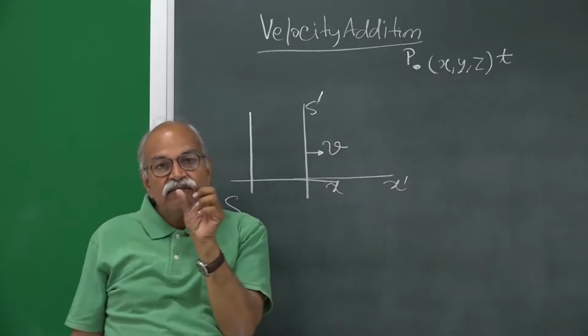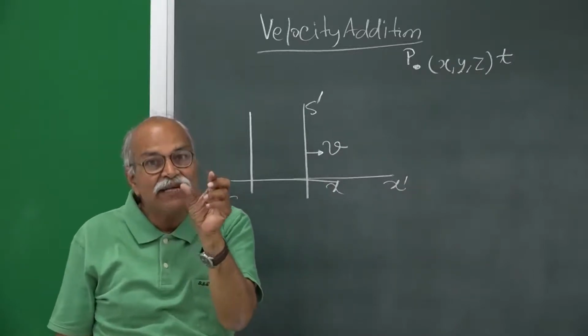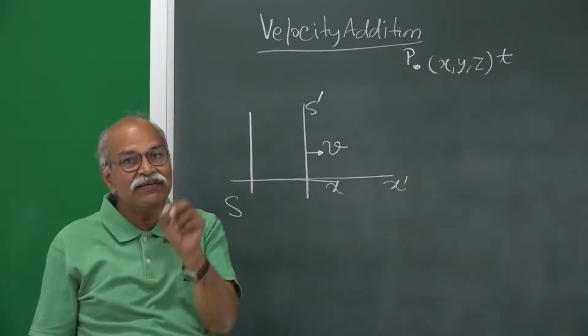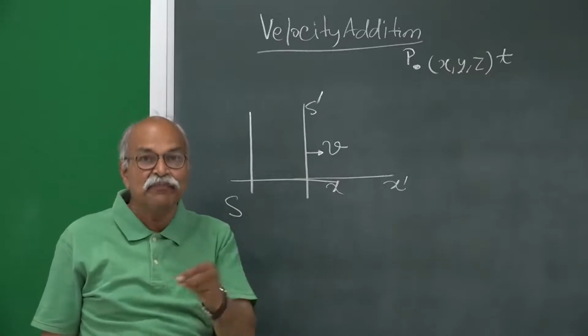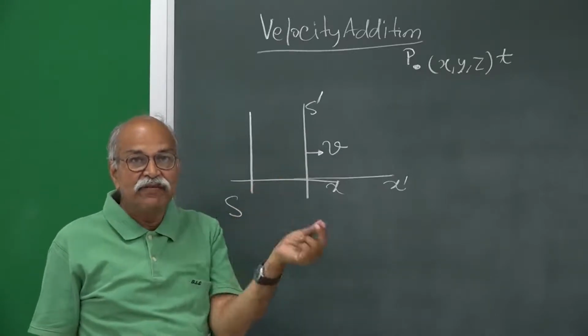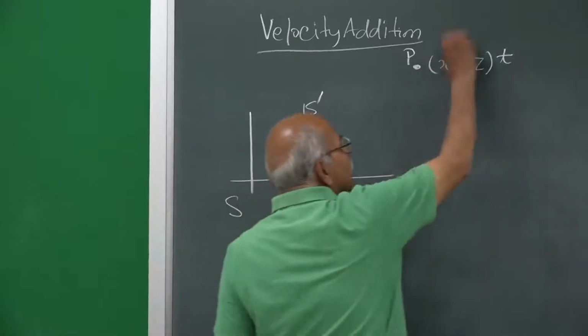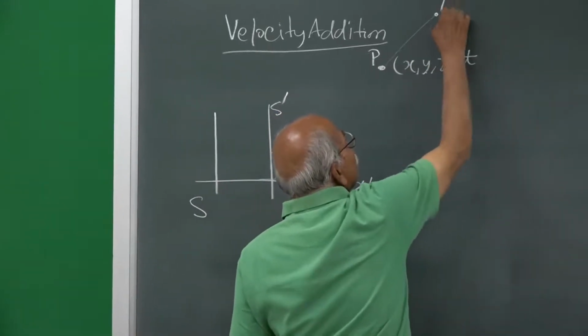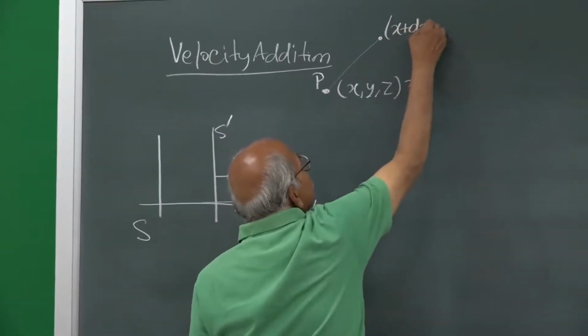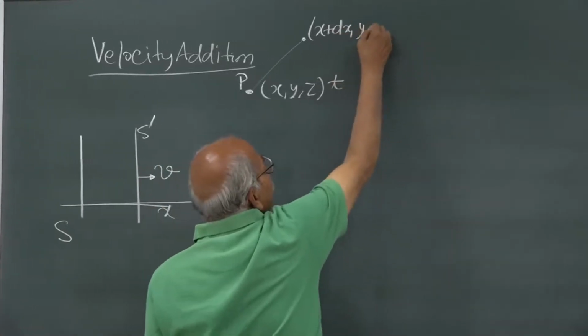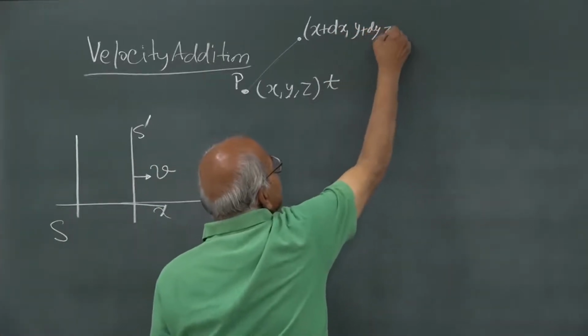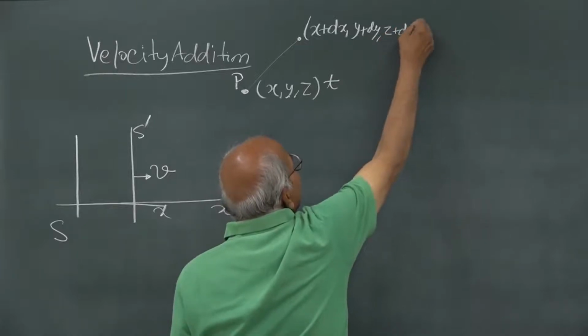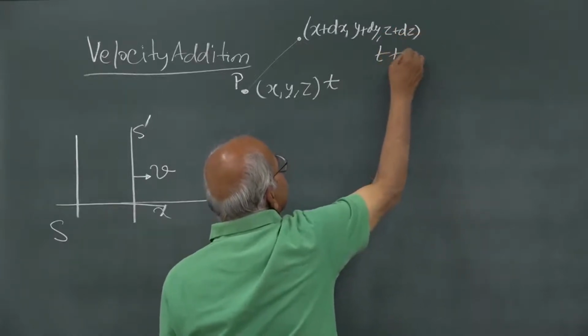And as time t elapses, dt time elapses, t becomes t plus dt, the particle moves, and the coordinates become x plus dx, y plus dy, z plus dz at time t plus dt.